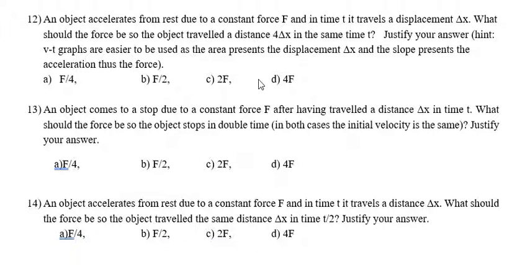Problem 14 talks about accelerating from rest with a constant force, and in some time t we do a distance delta x. Now, what kind of force should we have so we travel the same distance at the half time?